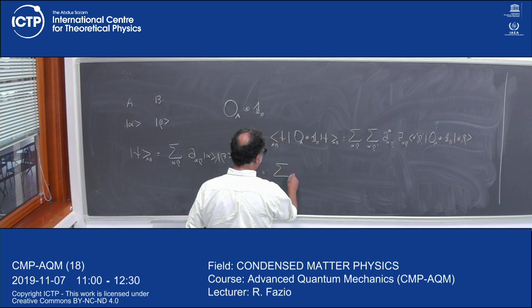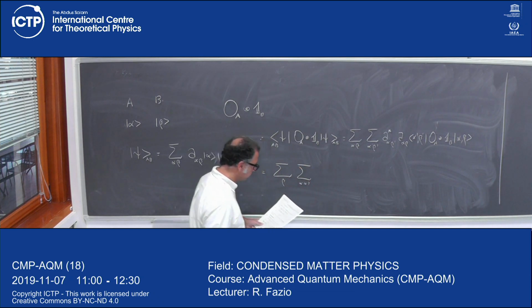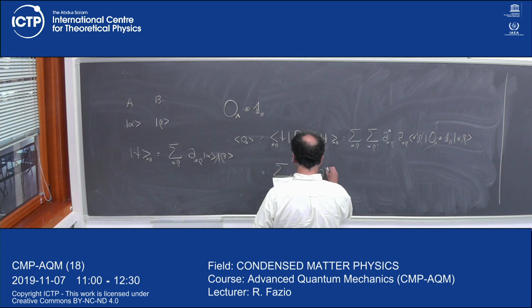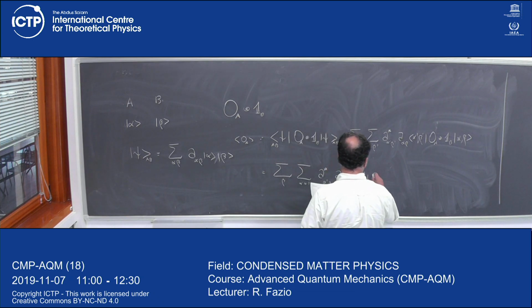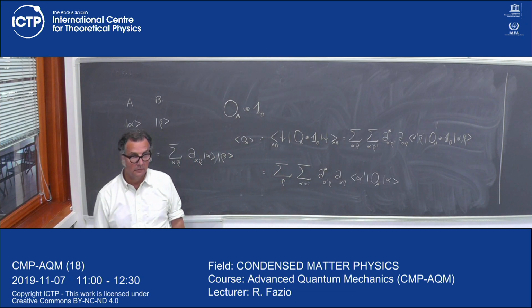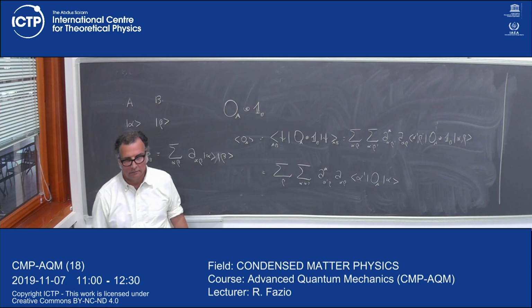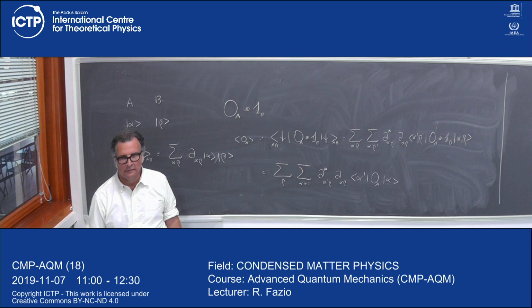So this is equal to the sum over beta, sum over alpha alpha prime of A star alpha prime beta, A alpha beta. Okay? So far we are okay.